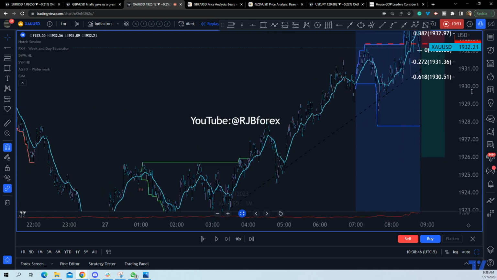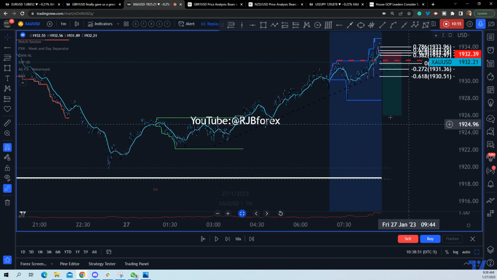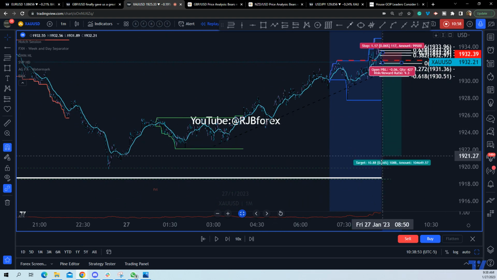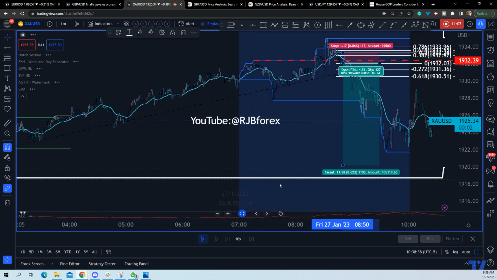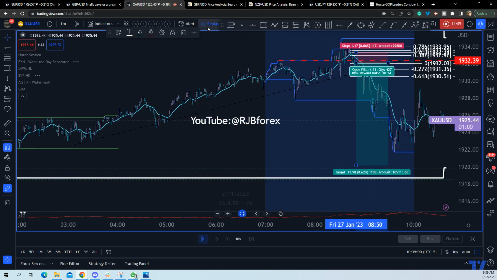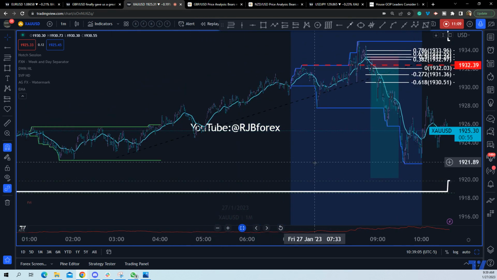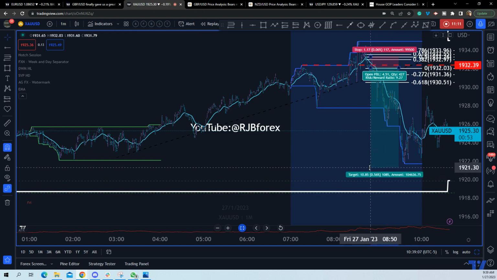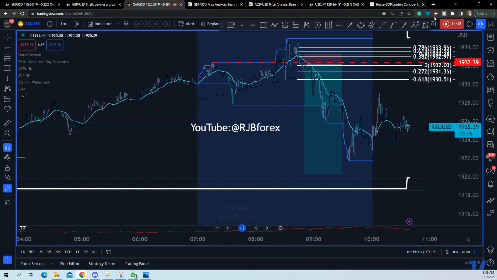And if you're being ambitious on the day, you could be trending the lows, targeting the lows of the day. So you would have had those lows. And you could be running this position for the lows of the day.